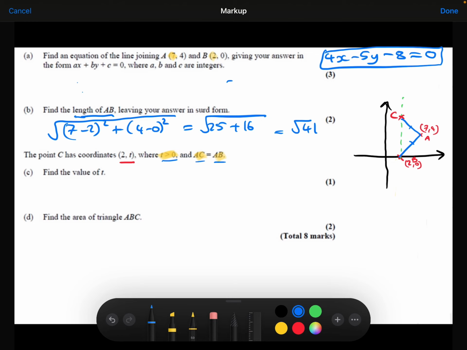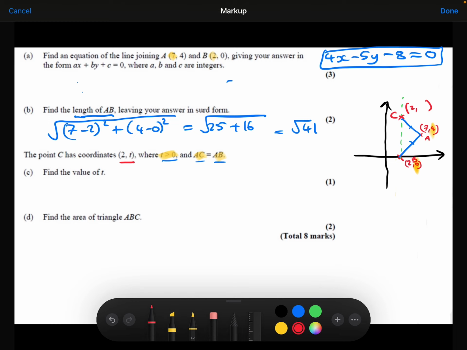Right, so I know the x-coordinate of C is 2. I'm now thinking about what the y-coordinate is. Well, let's look at the y-coordinates of point B, which is 0, and point A, which is 4.